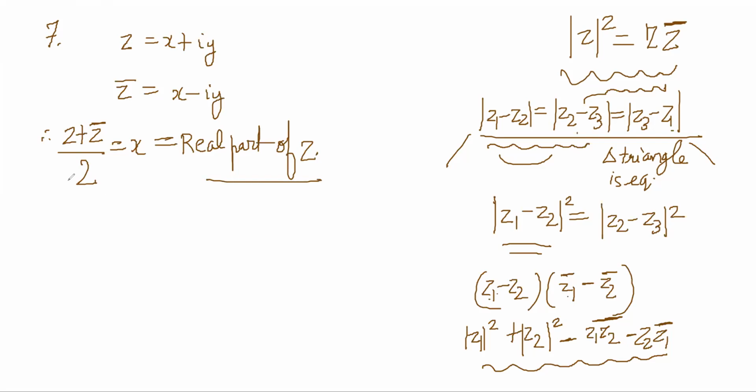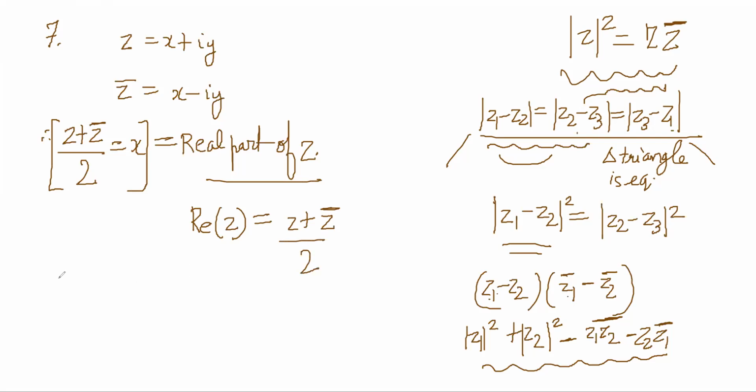So the real part of z is sometimes written like this: Real of z is equal to z plus z conjugate by 2.